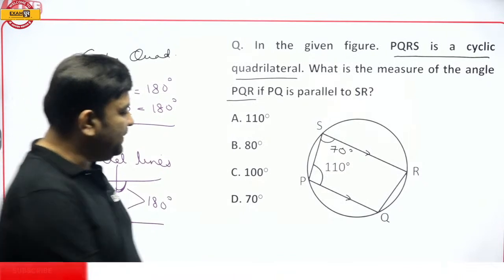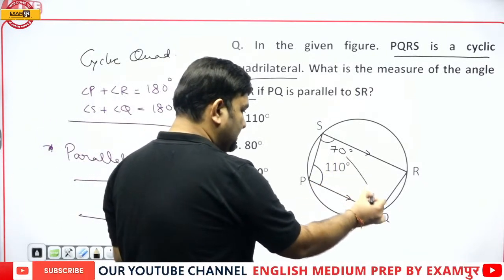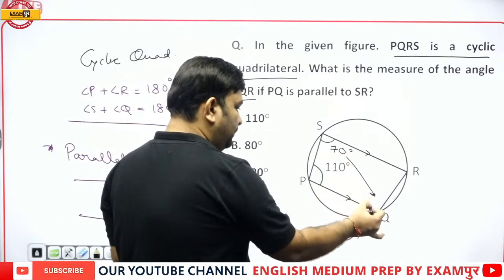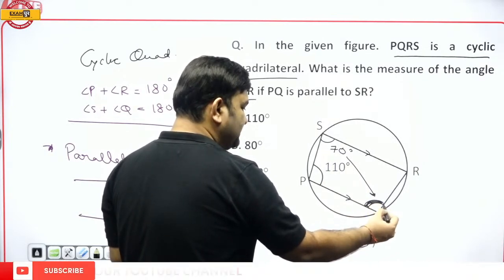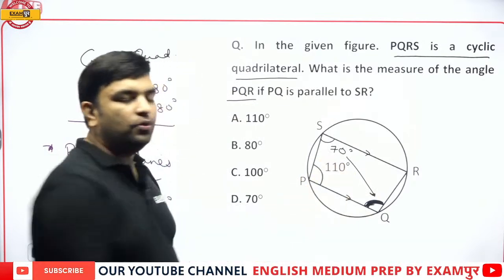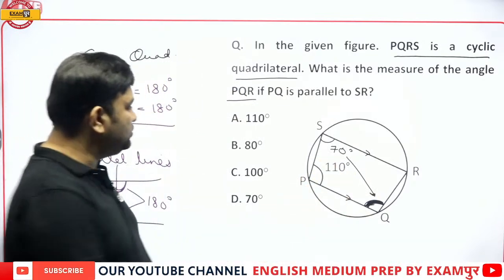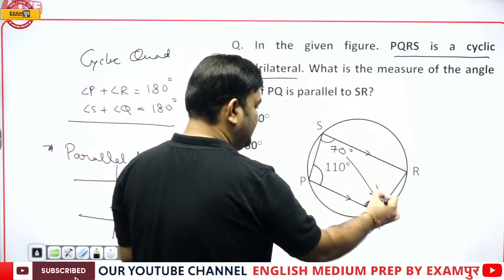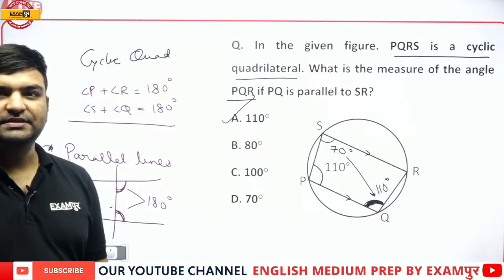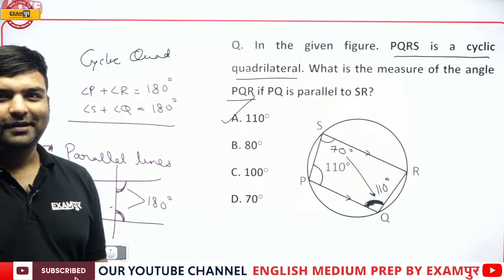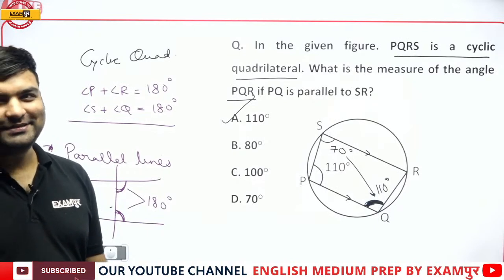They are asking for PQR. Because of a cyclic quadrilateral, the sum of opposite angles should be 180. That is why it is 110. Good learning question, guys, isn't it?